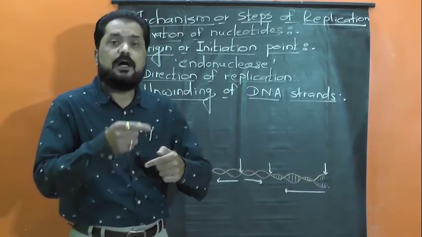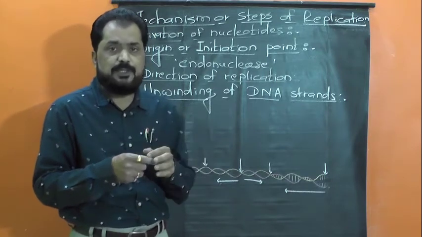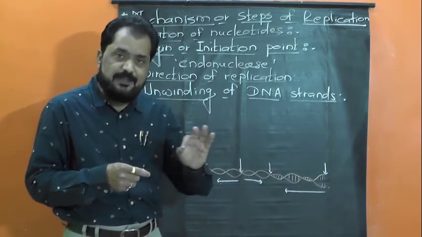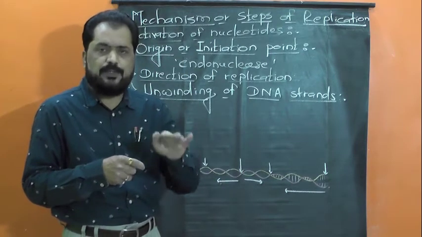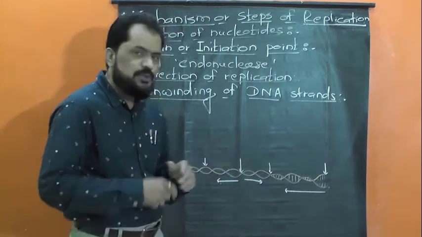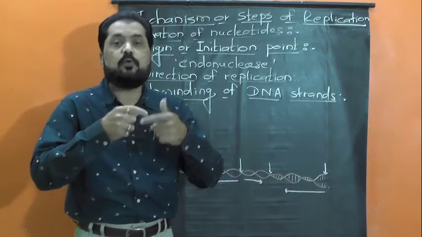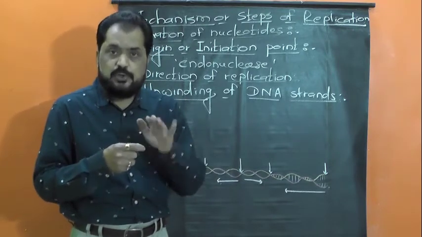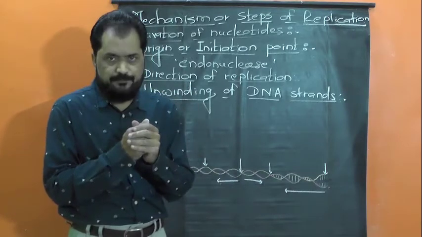So the unwinding and the process of replication takes place simultaneously. Unwinding याचा अर्थ काय? Unwinding म्हणजेच uncoiling. We know that both strands of DNA are helically twisted, helically coiled around each other. So their separation, their uncoiling is necessary.